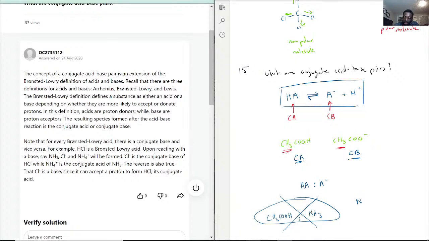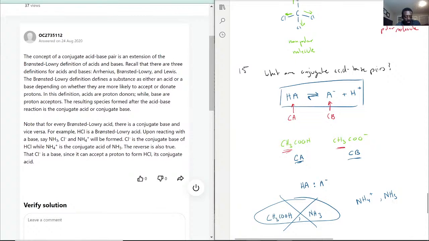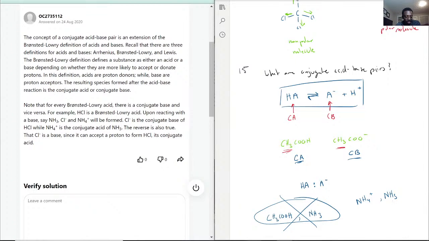NH3's base pair is NH4 plus, and so that's that right there, okay? So it's just important that if you ever want to make buffer solutions, you're not just grabbing any weak acid and a weak base. You need the weak acid and its conjugate base, just as how we've described here, okay? So exactly, they mentioned it.